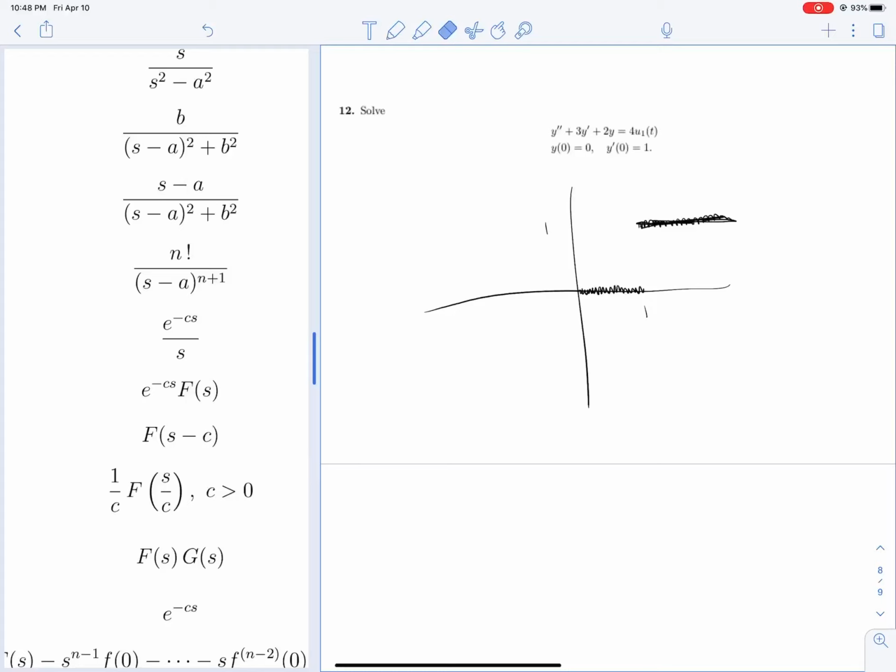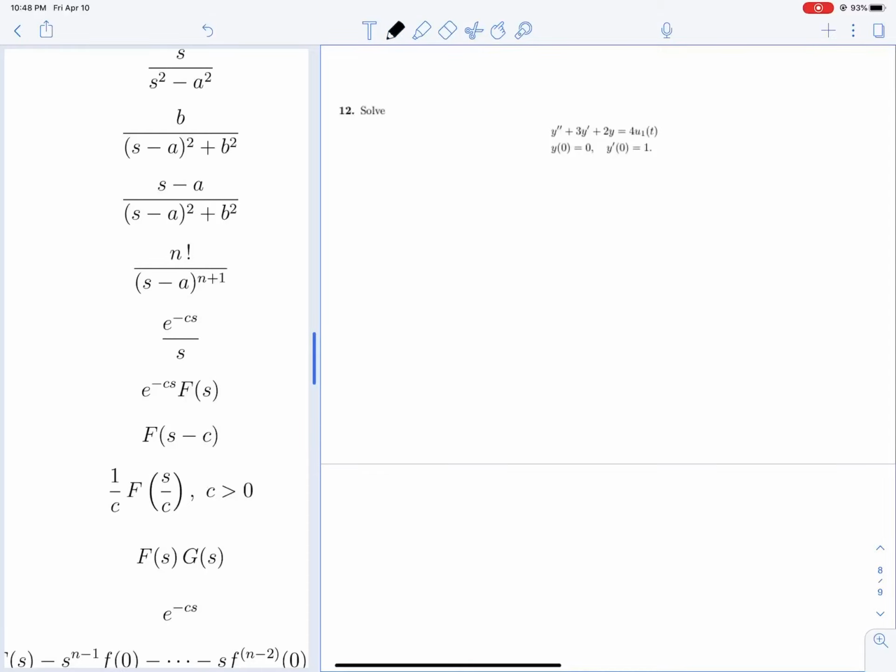Either way, this function is Laplace transformable because it is piecewise continuous, where we can patch together the entire domain as continuous in pieces, but overall it is not continuous. But that's all we need for a function to be Laplace transformable.